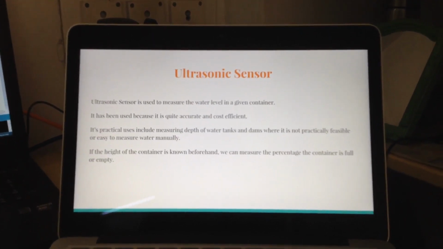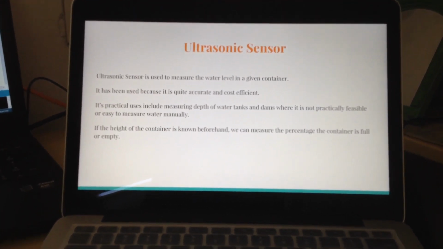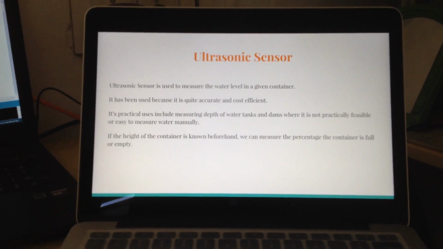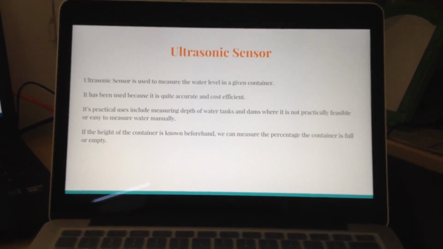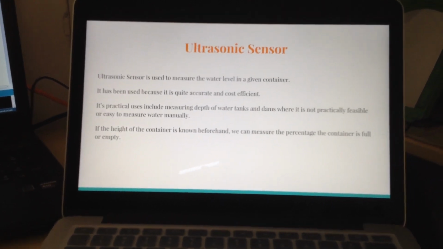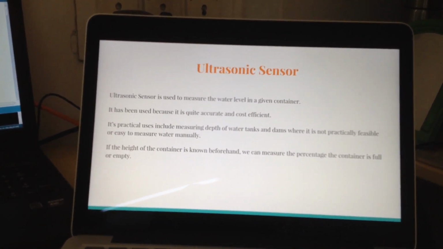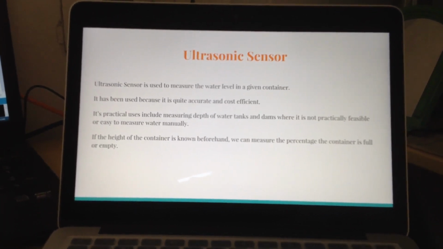One might argue, how is the water level a parameter of water quality? So this was just an extra addition to the overall project. Many times we would want to detect the level of water which is left in a tank.